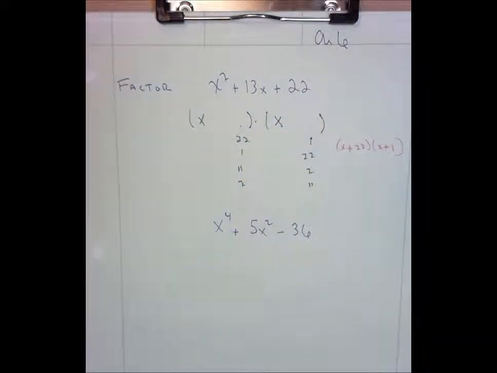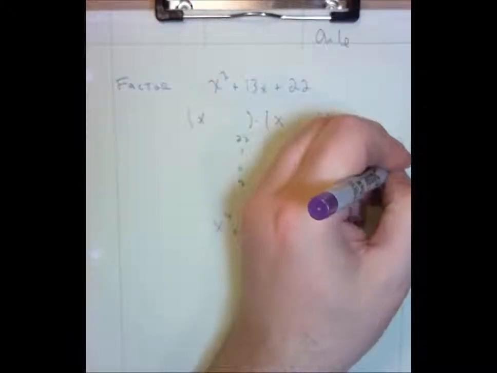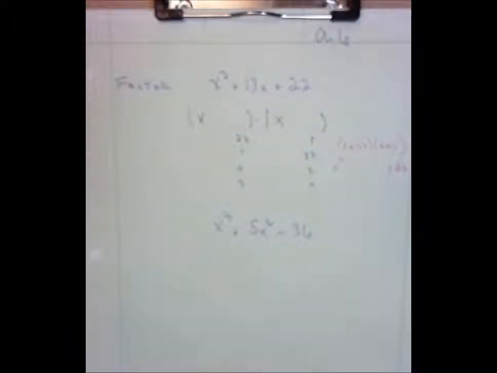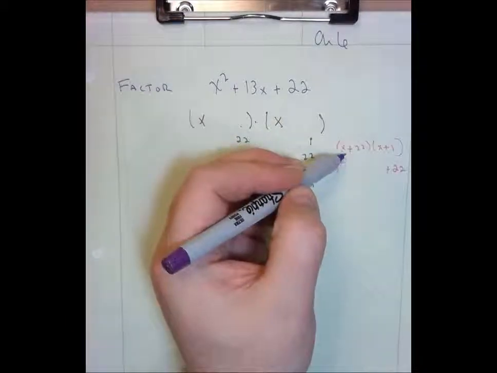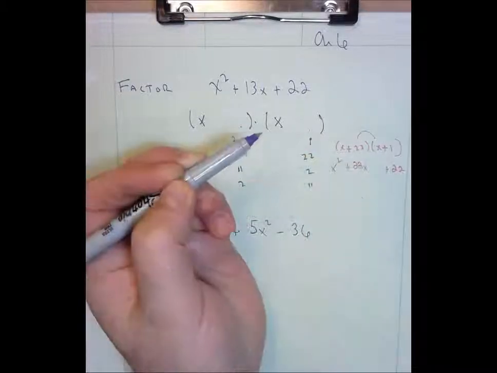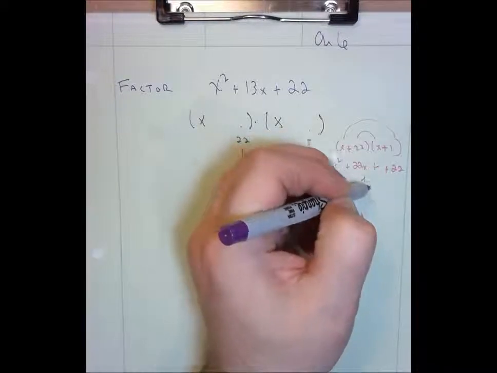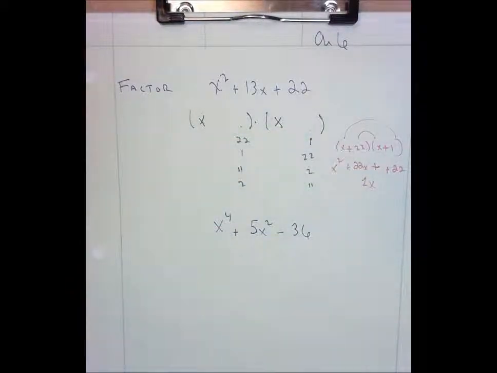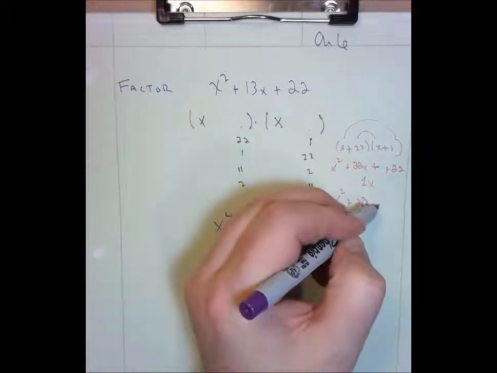Well, when we multiply that out, we would certainly get the x squared. We would certainly get the 22 as the front two ends. But in the cross terms, we would get 22x and 1x. Sorry, had to squeeze that in there. And so the net there would be x squared plus 23x plus 22.